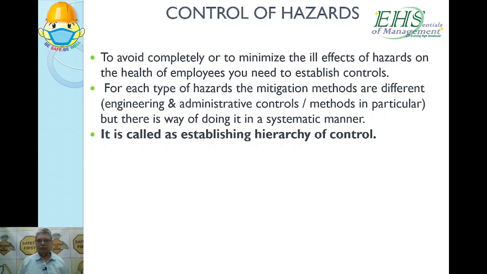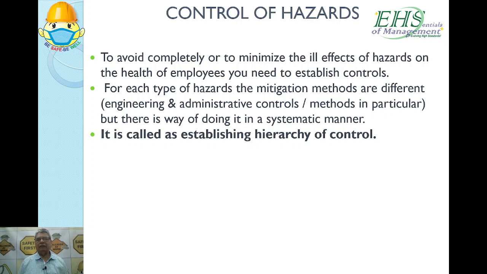Controls are part of the mitigation plans. For each type of hazard, the mitigation methods are different. The same method cannot be used for every hazard. In particular, engineering and administrative controls and methods are different for different hazards.